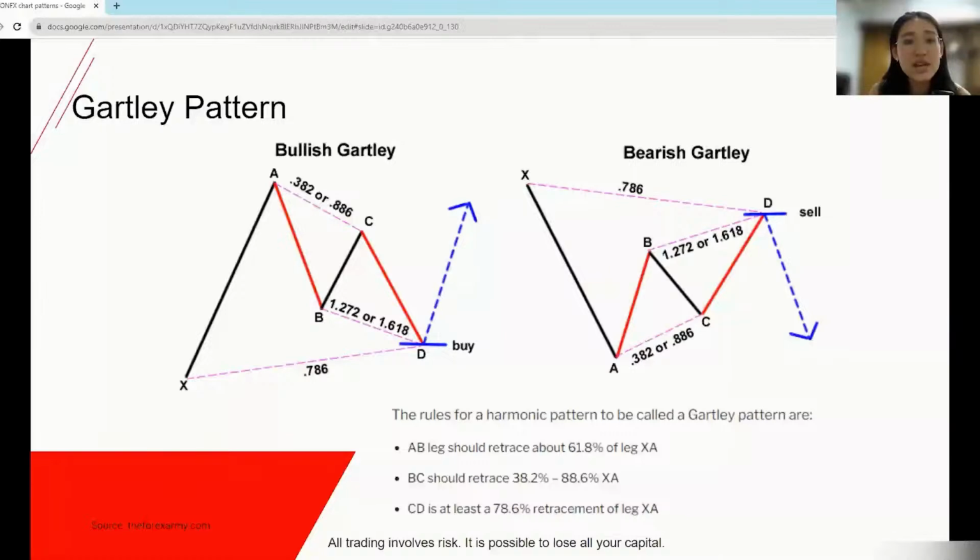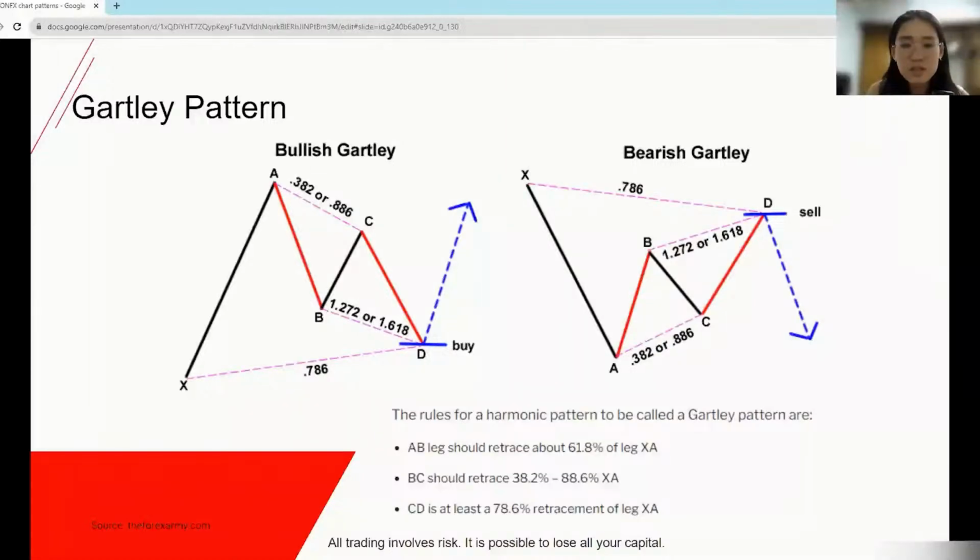Point C falls anywhere between the 38.2 or 88.6 retracement of the corrective leg AB, including all harmonic trading ratios that fall between these two constraints. So it can be 50, 61.8, 70.7, 70.6, basically any Fibonacci level between these two numbers.